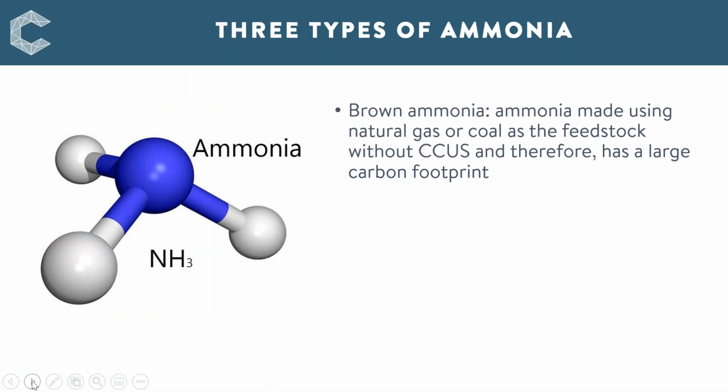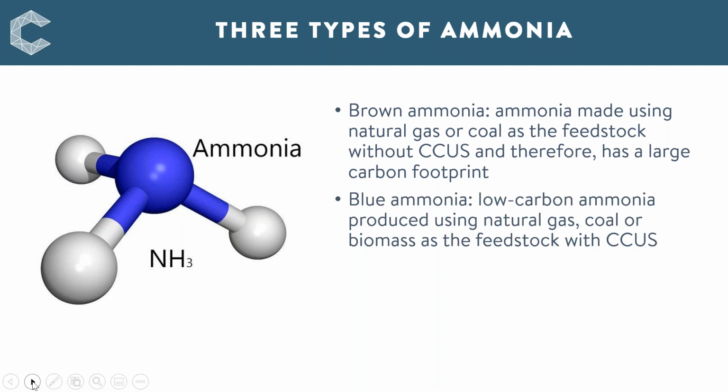Before I start, I'd like to describe the definition of 3 types of ammonia often referred to throughout my presentation. Brown ammonia is unabated ammonia produced using fossil fuels, so it has a large carbon footprint. Brown ammonia is also called gray ammonia by some people, or conventional ammonia.